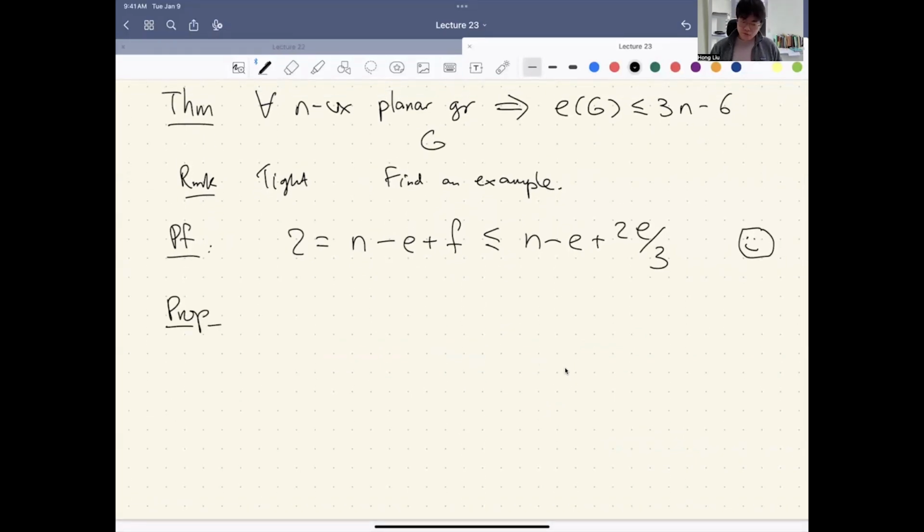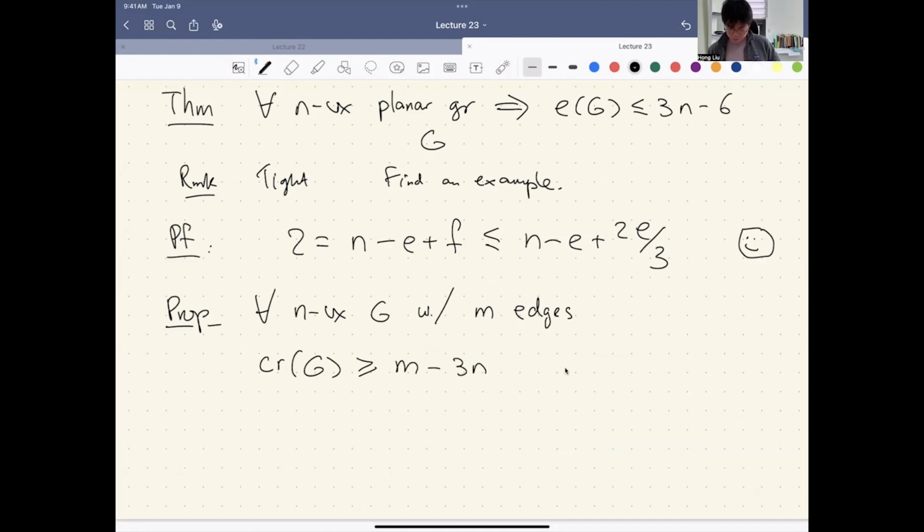For any n vertex graph G with m edges, its crossing number is at least m minus 3n minus 6, right?